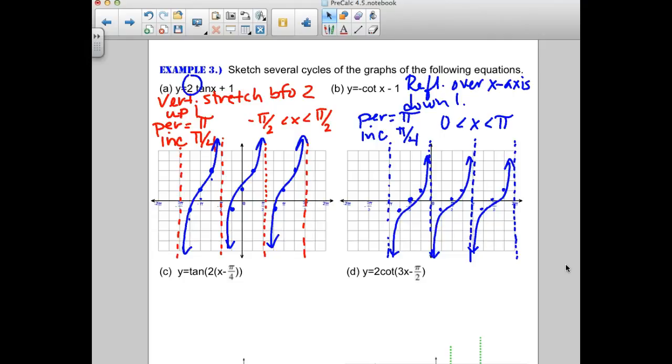Here we go. Move them all down 1. All right. The board seems to be off a little bit here.